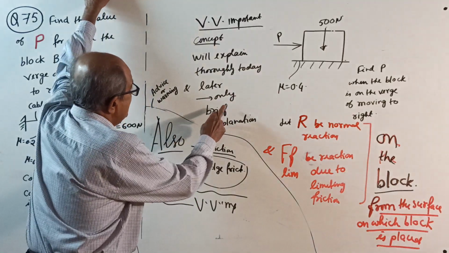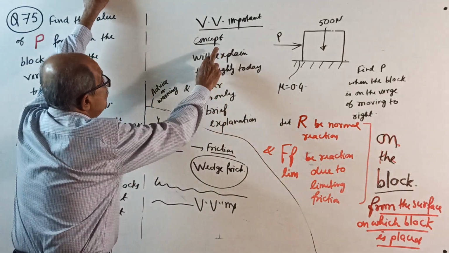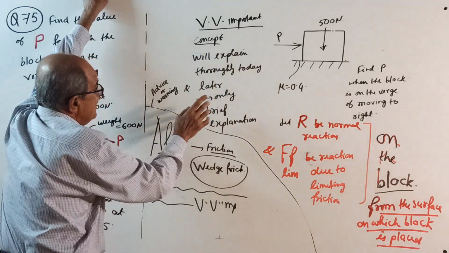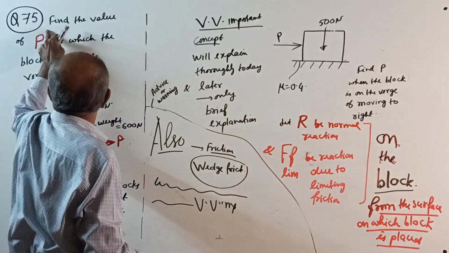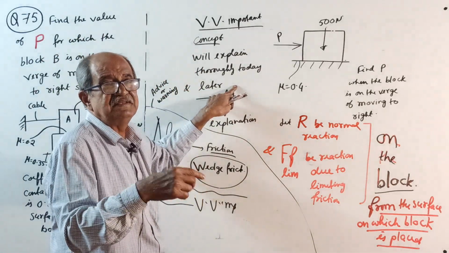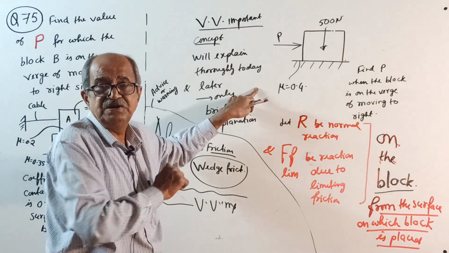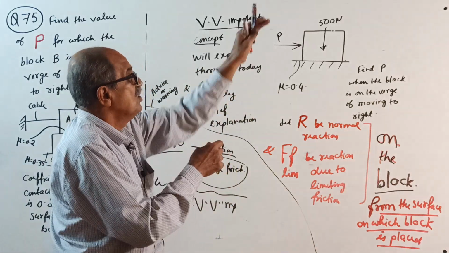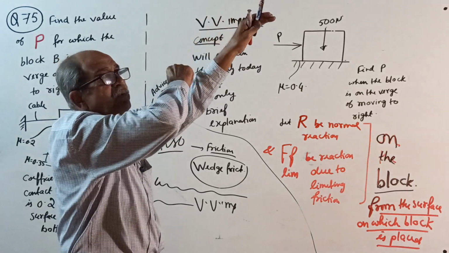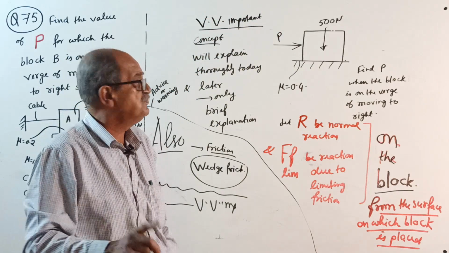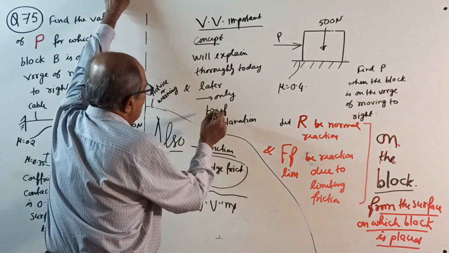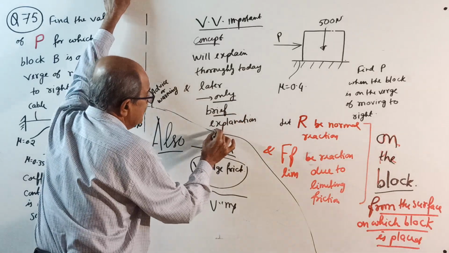So I will explain thoroughly today, and later when you go to questions 76, 77, 78 for this same concept, and also to the question of an inclined plane, one block placed over another block, and also wedge friction, at that time I will give only a brief explanation.